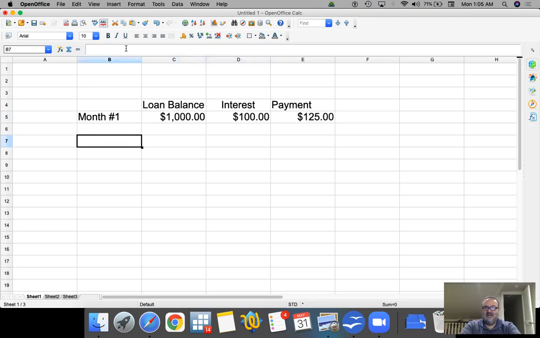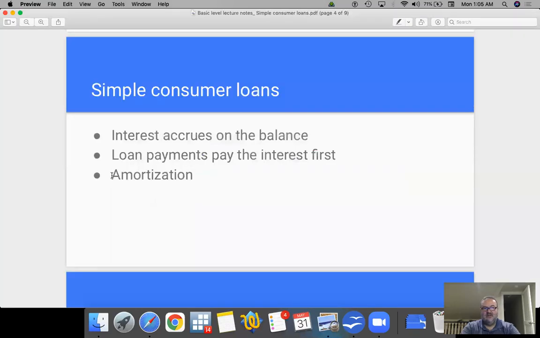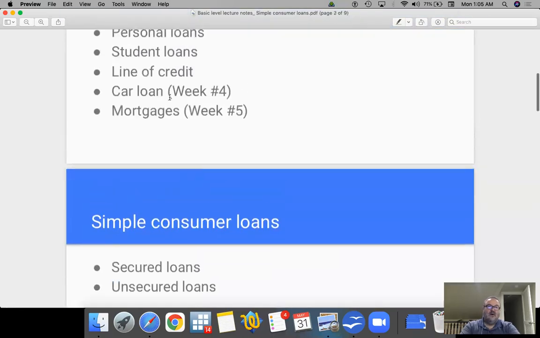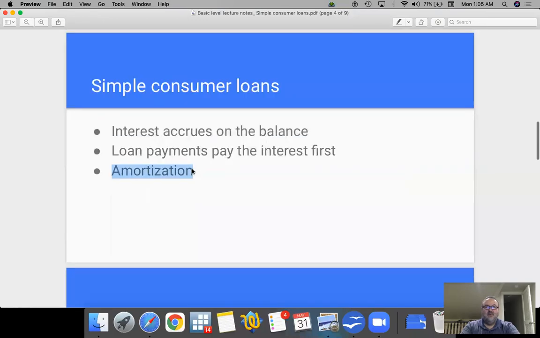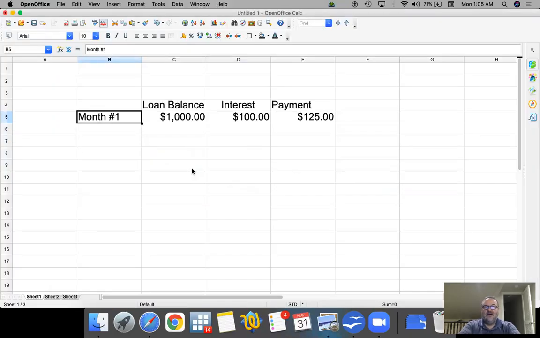So having said that, what is amortization? We talked about the terminology, which we will talk about more when we're talking about the car loan and the mortgages. But amortization simply means that you are paying some part of your principal, your balance, and some part of your interest.